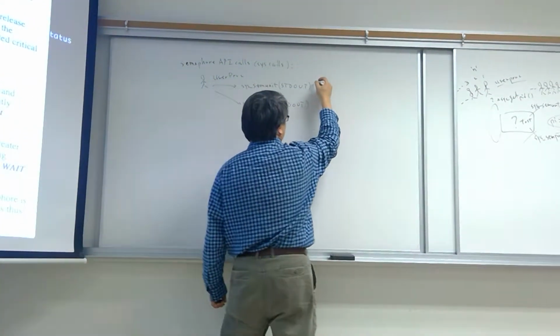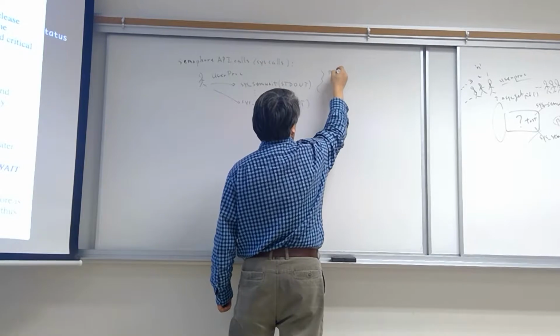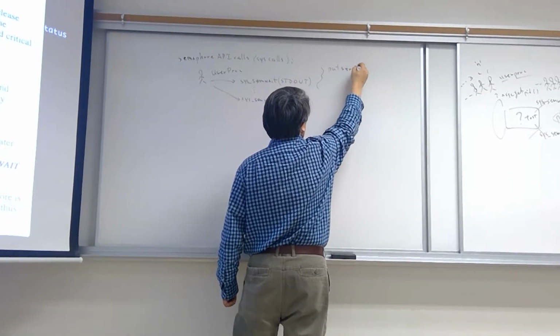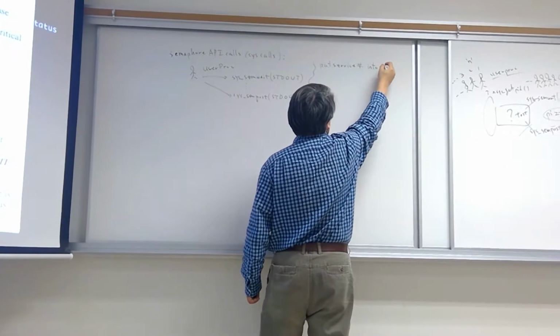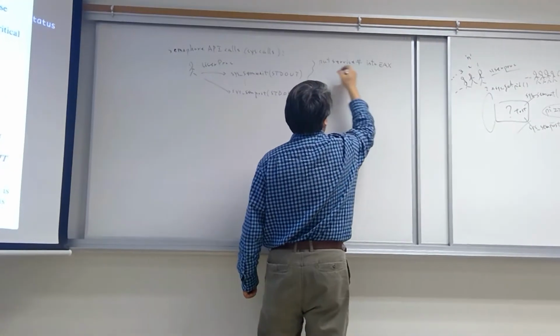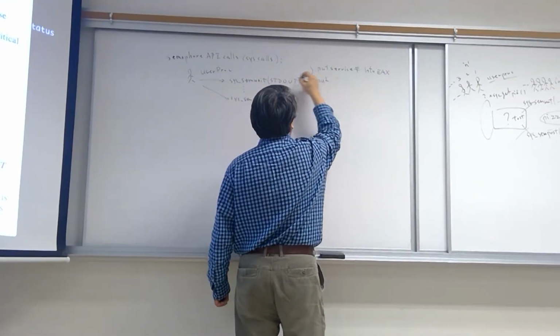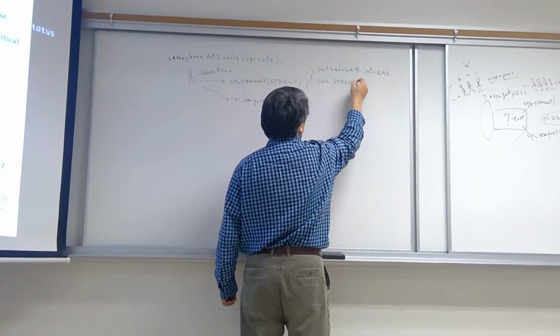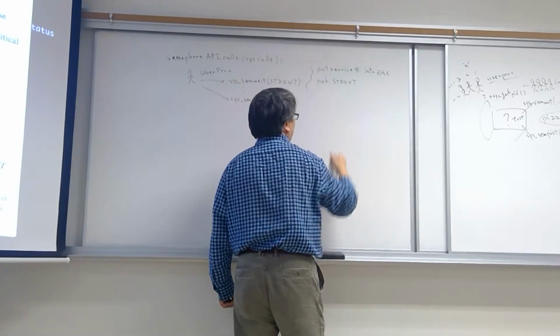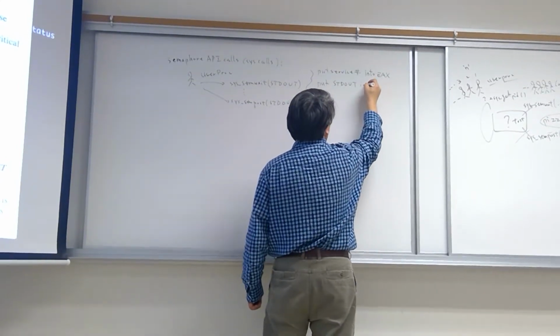And then what does it do? It will put the service number into the EAX register, and then put the standard out, which is the semaphore ID. We're just going to use the standard out as a semaphore ID, into EBX.